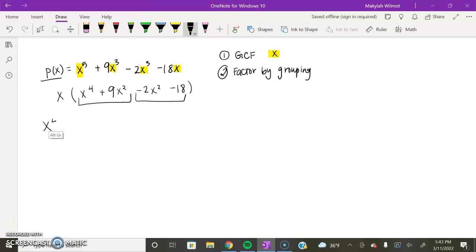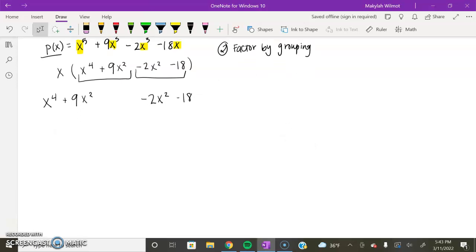So we have x to the 4th plus 9x squared, negative 2x squared, minus 18. Now we're going to do the exact same thing. And then all of this is in with x, which I'm going to go ahead and change the color of, so we know that this has already been factored in.